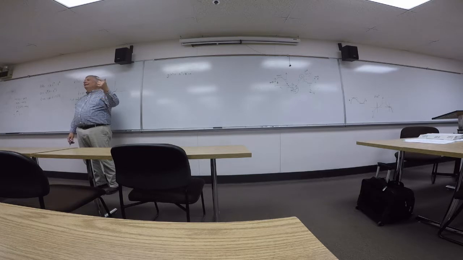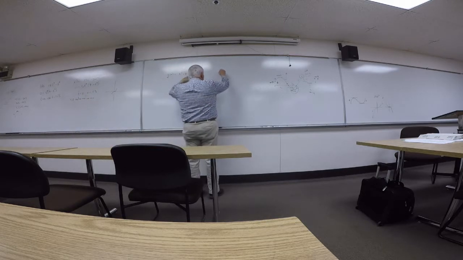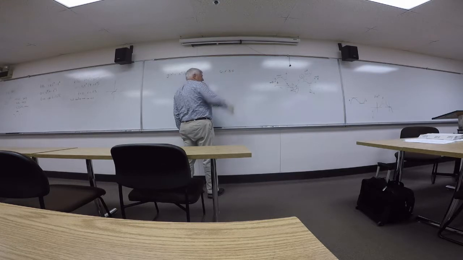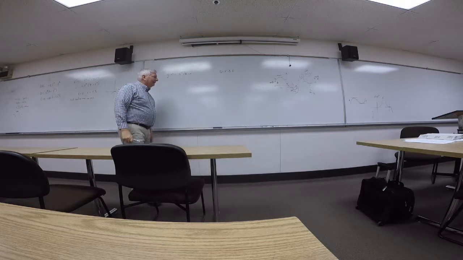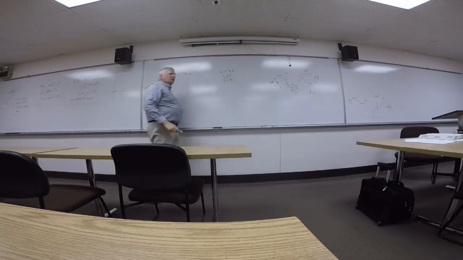Exception 2, even roots of negative values. 5 minus x must be greater than or equal to 0. Add x to both sides. 5 must be greater than or equal to x, or x is less than or equal to 5. So there's my domain.